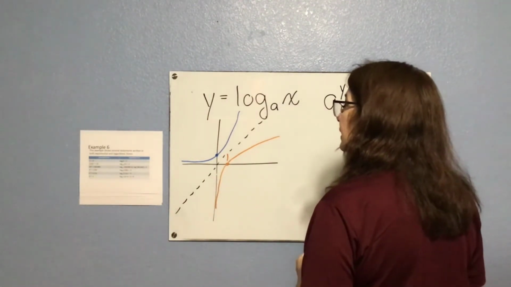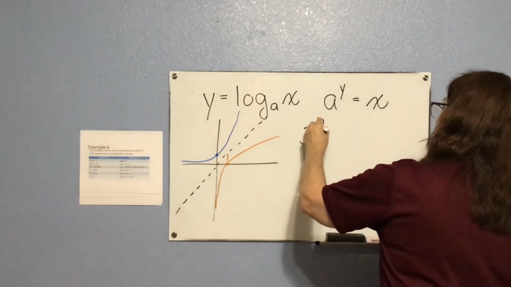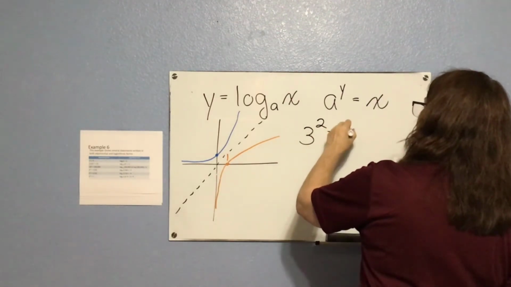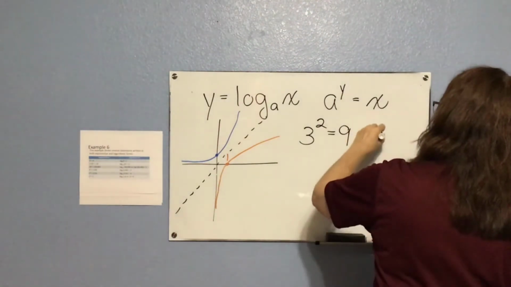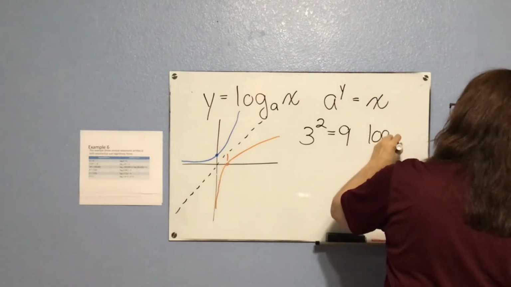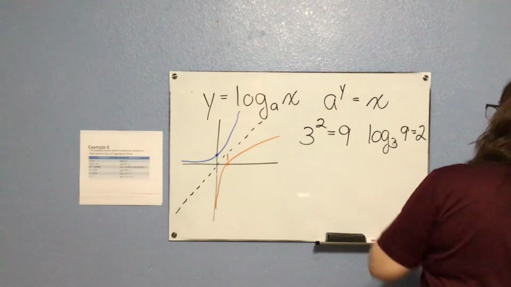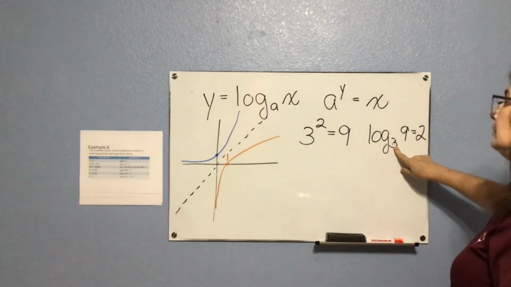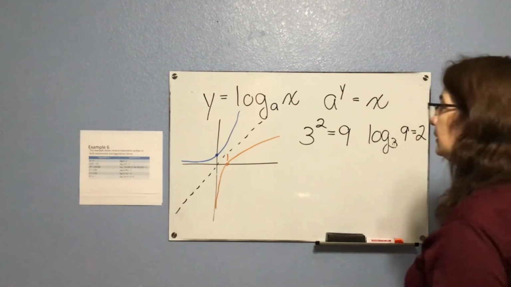Let's look at some examples of exponential and logarithmic statements that are the same. If 3 squared equals 9, then I could say the log base 3 of 9 equals 2. So what I'm saying is, what do I have to raise 3 to get 9? 3 squared.